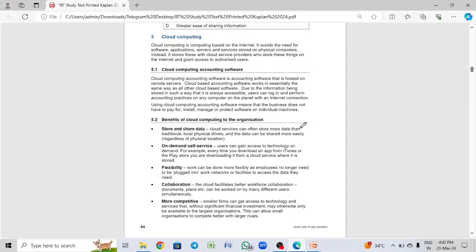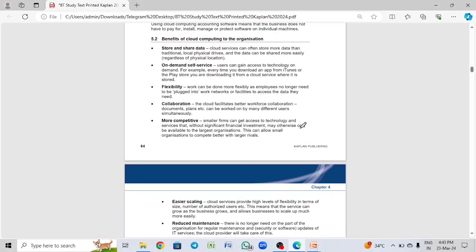It is more competitive. The small firms, without any significant investment, can use these types of information technologies, so it gives a competitive edge to the small organization.